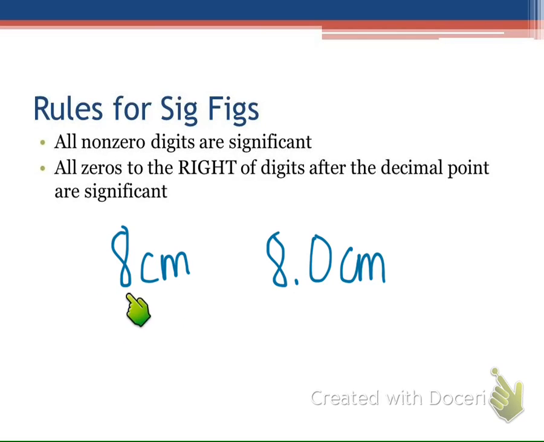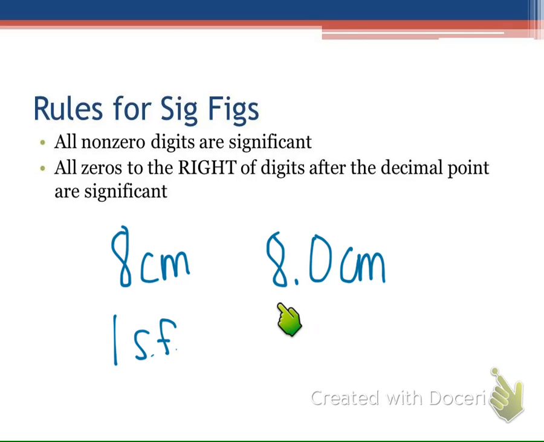So this measurement right here that says 8 centimeters, that's saying that we think it has around 8 centimeters. That's my guess, my measurement, my estimate. How many significant figures does this have right here? 1. So 1 SigFig.